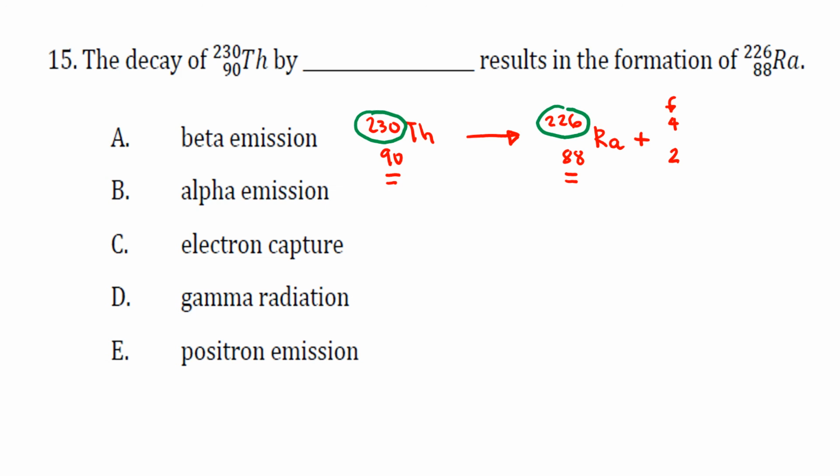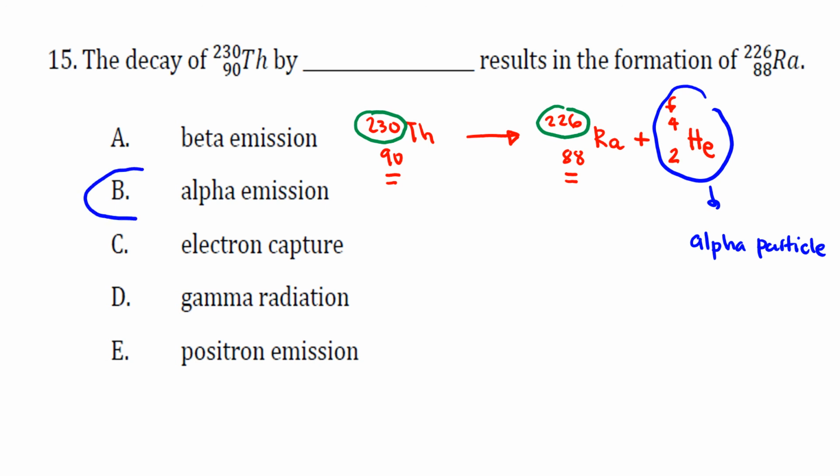This particular particle is an alpha particle, or a helium particle. This means that the answer to this question is alpha emission. So the decay of thorium-230 by alpha emission results in the formation of radium-226.